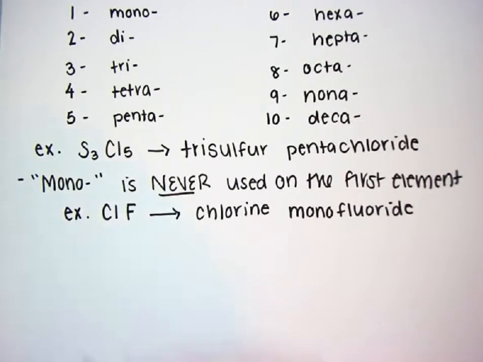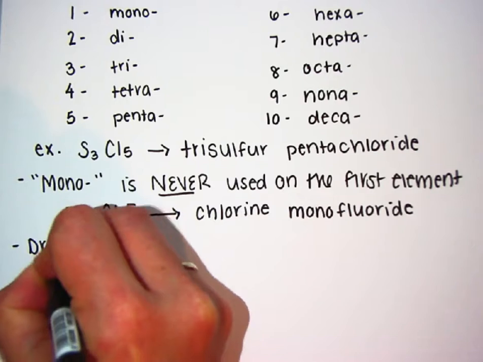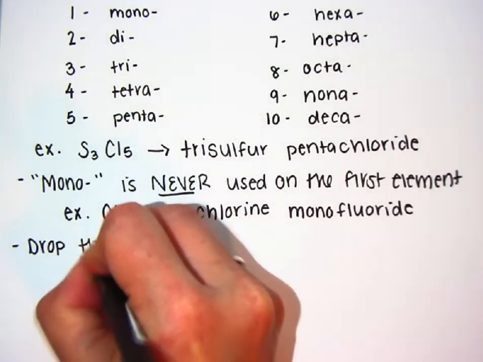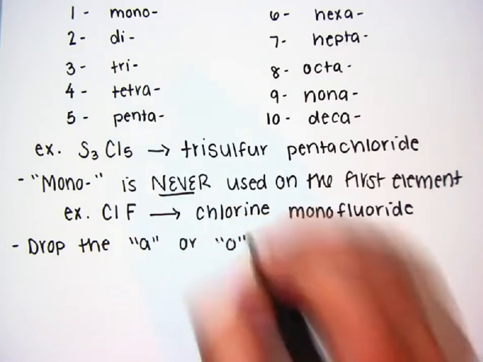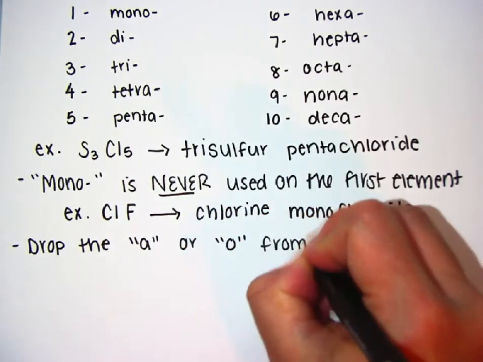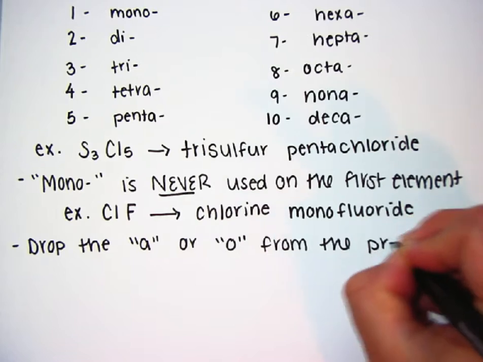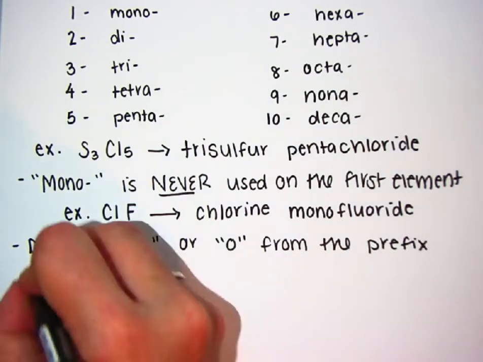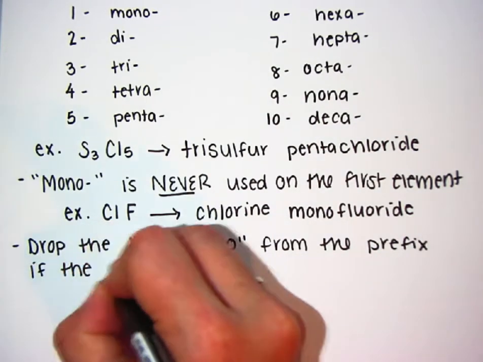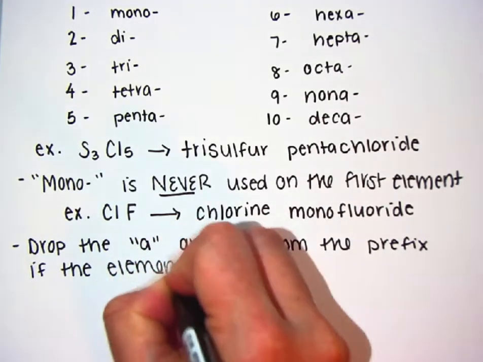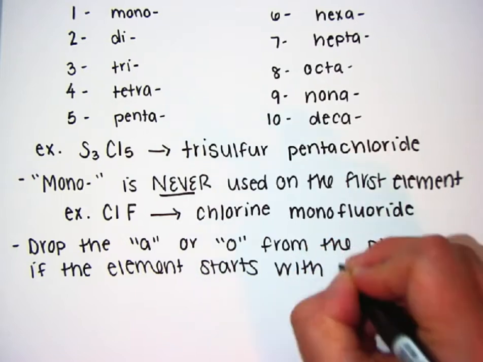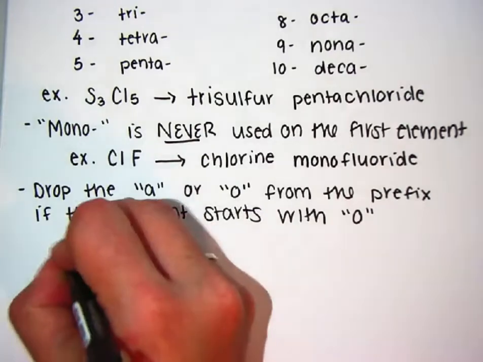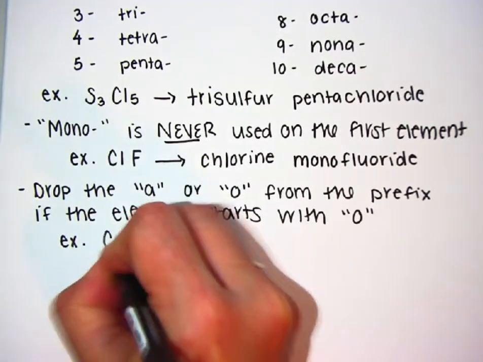Next rule. We are going to drop the A or the O from the prefix if the element starts with O. So let's say I had Cl2O.